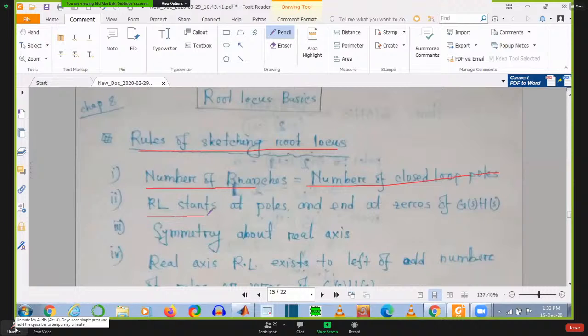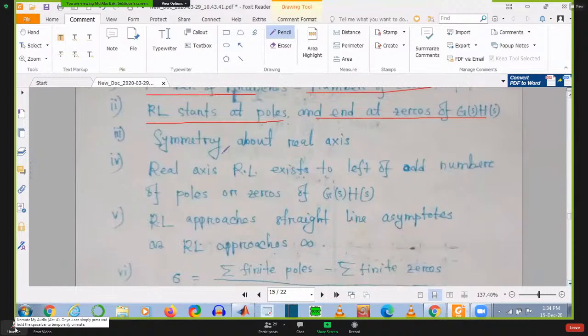Then root locus starts at poles. Root locus always starts at poles and ends at zeros of GSHS. Step number 3 says root locus is symmetric about the real axis.